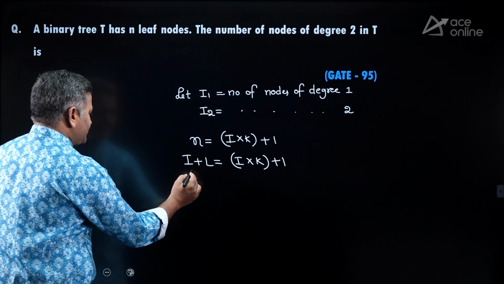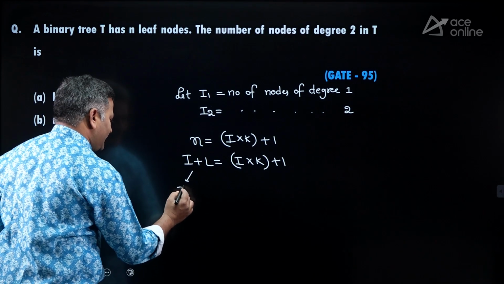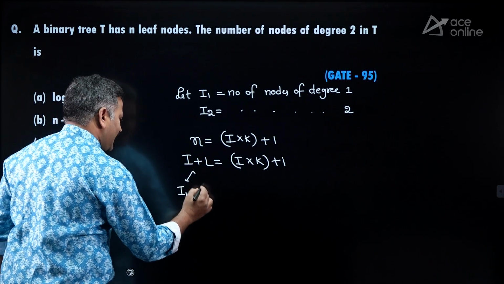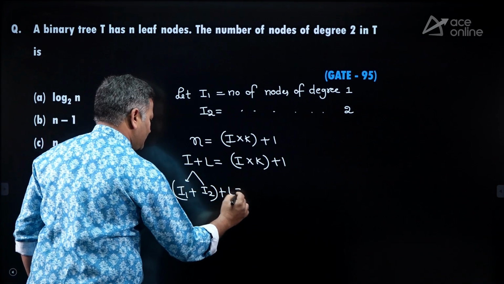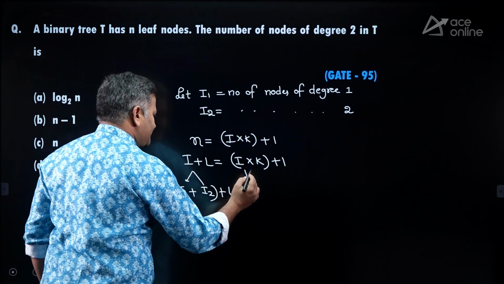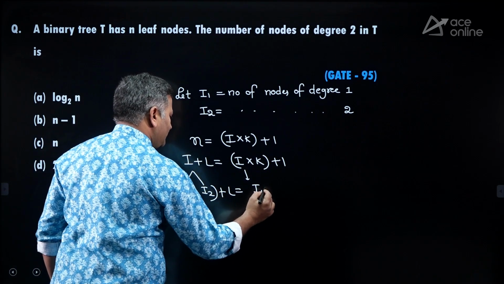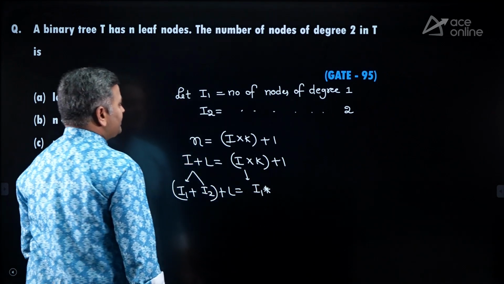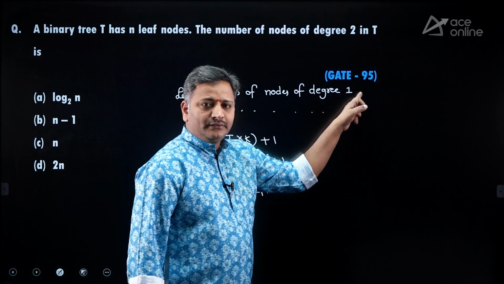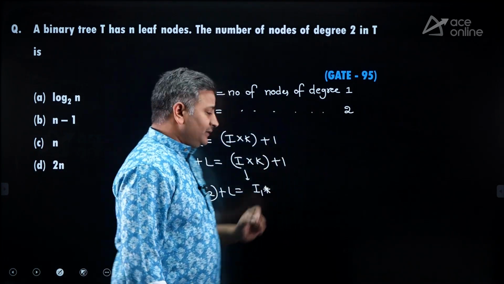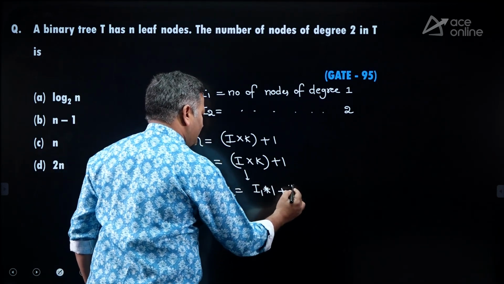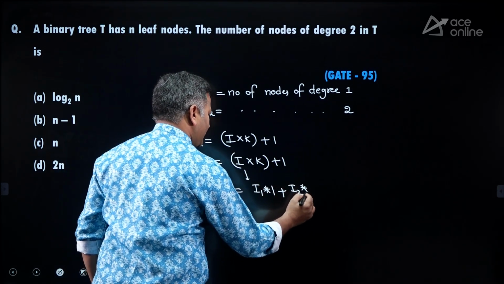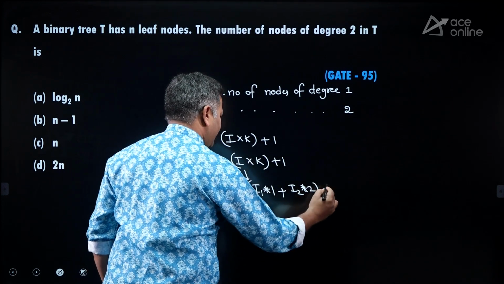Therefore, this I indicates I1 internal nodes plus I2 internal nodes, plus L, equals I1 into 1 for the internal nodes of degree 1, plus I2 into 2 plus 1 for the internal nodes of degree 2.